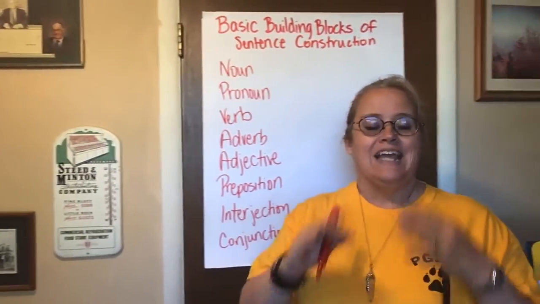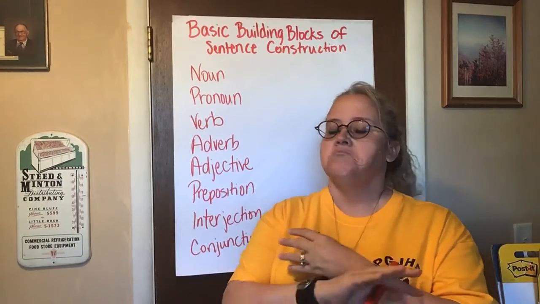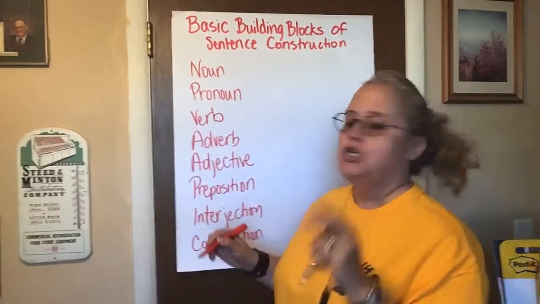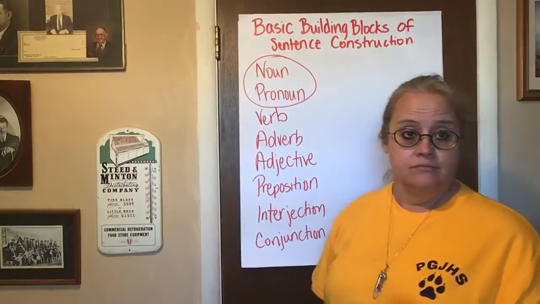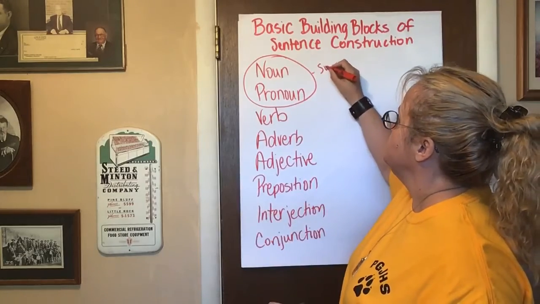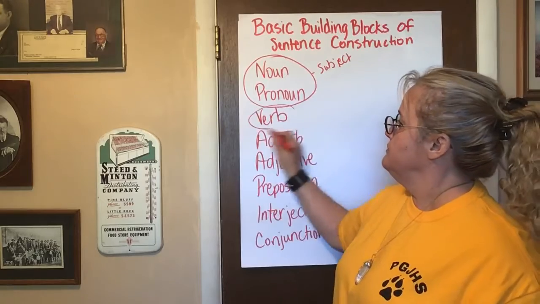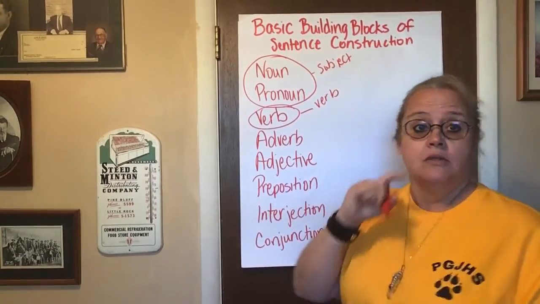For absolutely any sentence, you have to have two of these items. Doesn't matter what kind of sentence it is, they have to have two of it. You have to have either a noun or a pronoun, that's going to be your subject, and you have to have a verb. Obviously, verb, that's your action, all right?